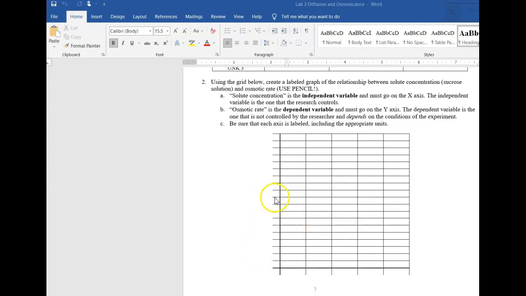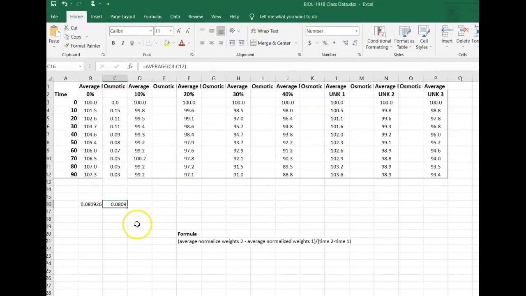But pretty much all you're doing is marking the place where the osmotic rate matches the solute concentration, or the sucrose concentration. So again, in our example, for the distilled water, this is the osmotic rate across the entire 90-minute mark. It's 0.08.